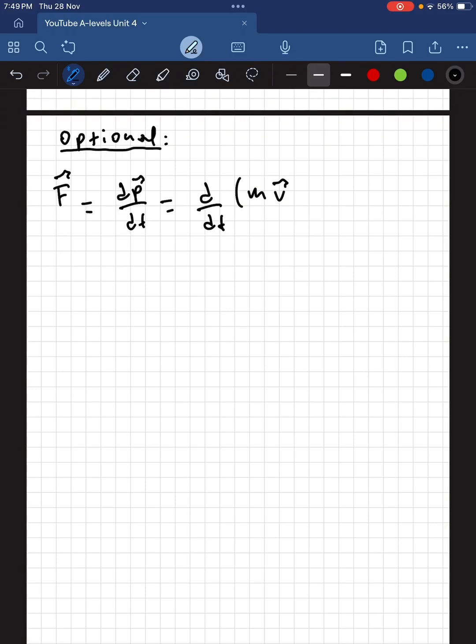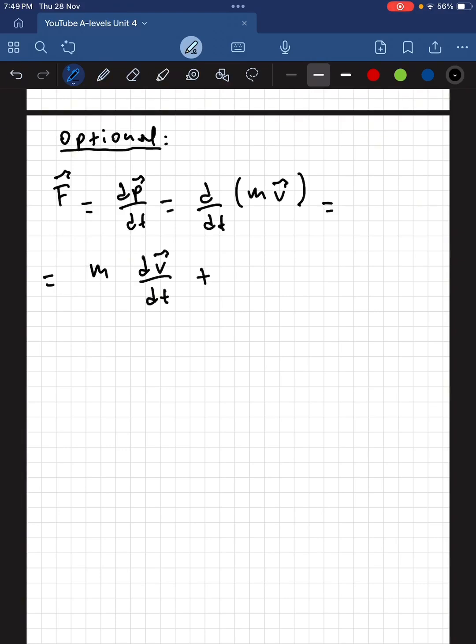I'm gonna write down this optional part, so you can skip the video if you don't want to hear about this because it's not part of your spec, but I just want to show you something. Since force is dp over dt, and since I can write this as d over dt of mass times v, then using the chain rule, notice that this is nothing but mass times dv over dt, which is your familiar form of Newton's second law.